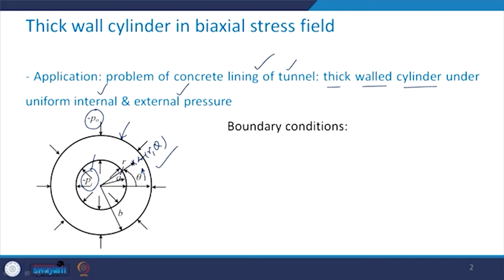Let us take a look at the boundary conditions. So, we have for boundary conditions sigma r at r equal to a, that is minus Pi, and tau r theta at r equal to a will be equal to 0, and sigma r at r equal to b will be minus P naught, and tau r theta at r equal to b will be equal to 0.